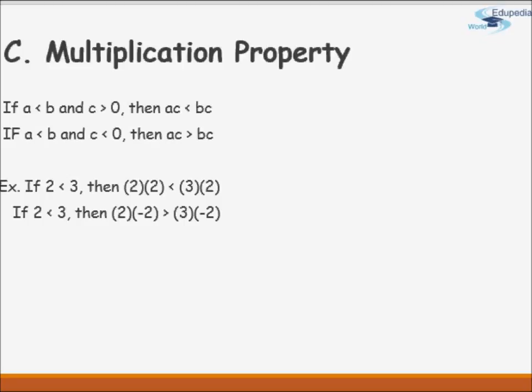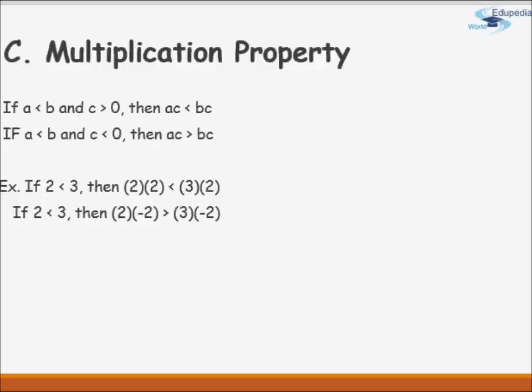So 2 is less than 3, if it is being multiplied with -2, we're going to have -4 on the left hand side, and we're going to have -6 on the right hand side. What this would give us is -4 is greater than -6. If you were to keep the symbol as it was before, that is the left hand side is less than the right hand side, you're going to get a wrong answer, because you're going to get -6 is greater than -4. Of course that's not true.